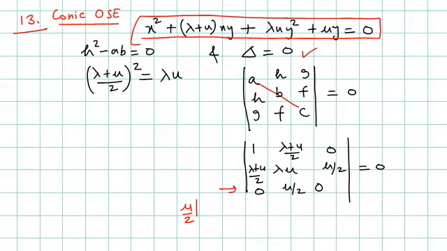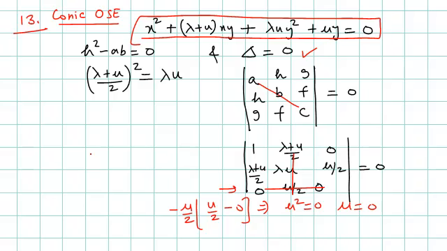Mu by 2, cancel row and column, mu by 2, and there's a minus sign, the position of this is minus. So it is coming out to be mu square equal to 0, mu equal to 0. So this is the condition for this to represent pair of lines, but no such condition is there.